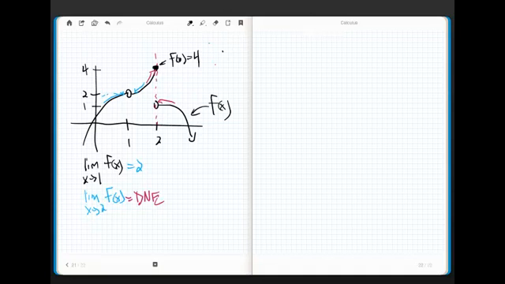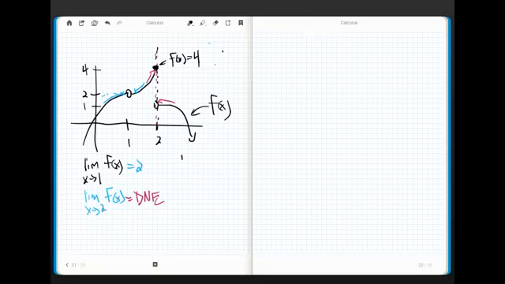No, no, no. Remember, dental floss. We don't care about what happens at x equals 2. As far as we're concerned, f of 2 never exists. I realize that it's important that we know what the function is doing at x equals 2, but for the purposes of limits, out the window.